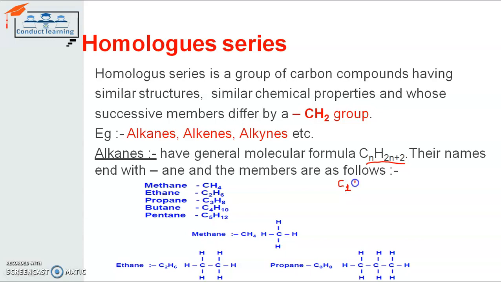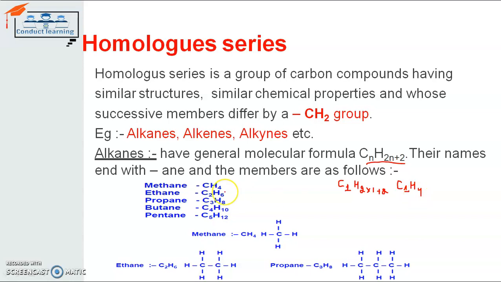Accordingly the hydrogen atoms will be 2 into 1 plus 2, because the n value is 1. So the hydrogen atom value will be 4. In that way this molecular formula for alkane defines the number of carbon atoms and number of hydrogen atoms in a particular compound of carbon and hydrogen.